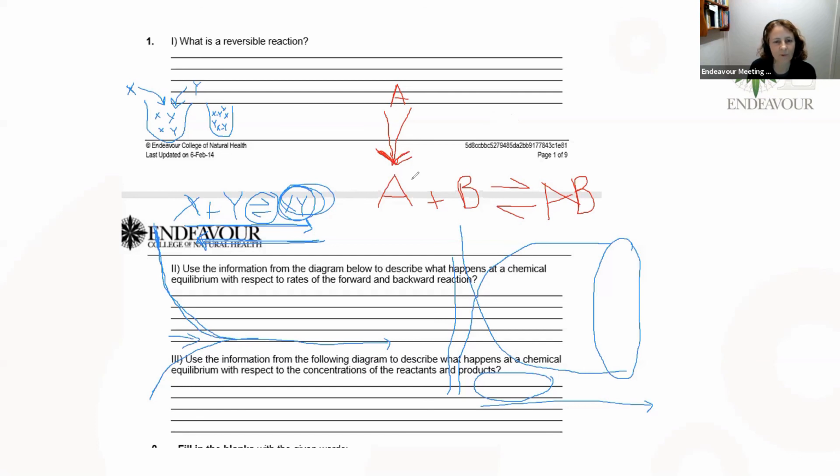Basically, because all of a sudden the system's overloaded with A, more of the A will want to react. So it will react with some of the B. And so you'll get a decrease in B, but you'll get an increase in AB. And of course, there'll be more A than there was originally because you've added more, so not all of it will be able to react with the B.